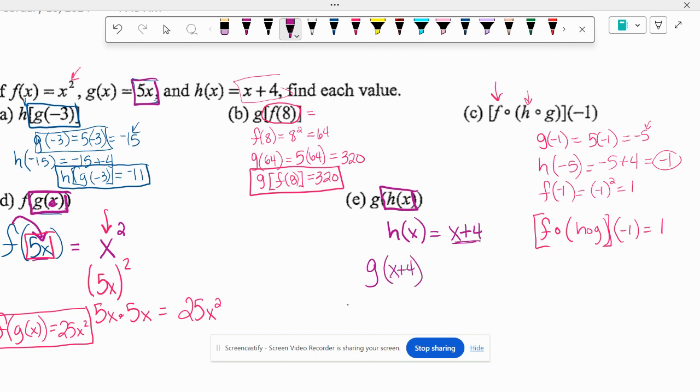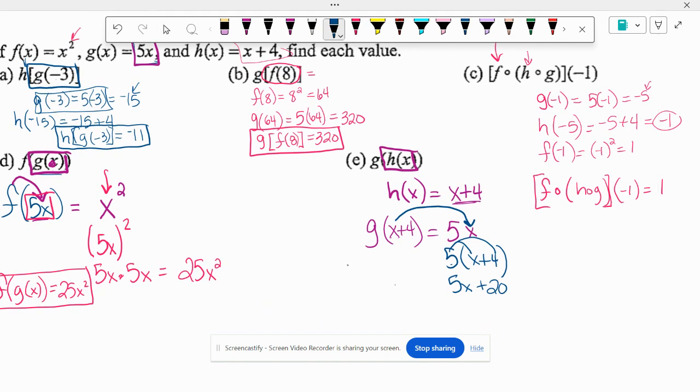The g function is 5 times x, but I'm replacing the variable x with x plus 4. And that means I have to distribute. So 5 times x is 5x, and 5 times 4 is a positive 20. So g of h of x is 5x plus 20.